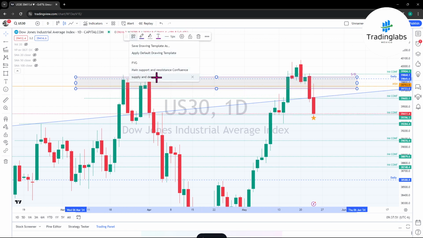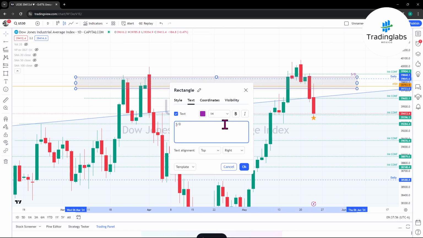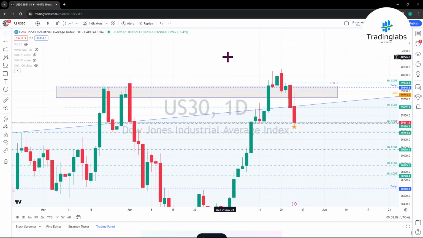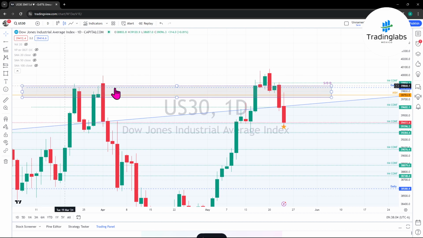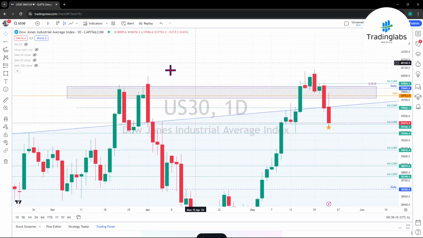We mark it down, supply and demand. For this supply zone, we don't draw the whole big red candle, right?